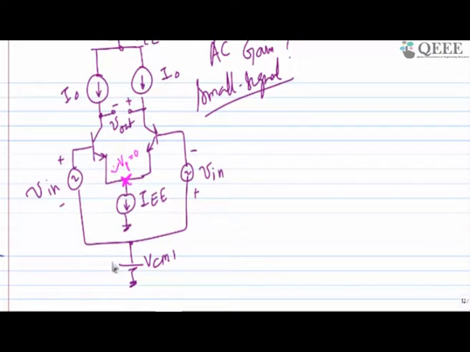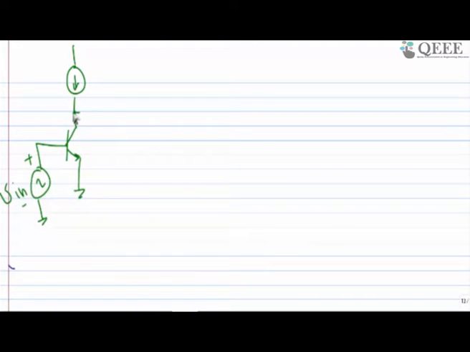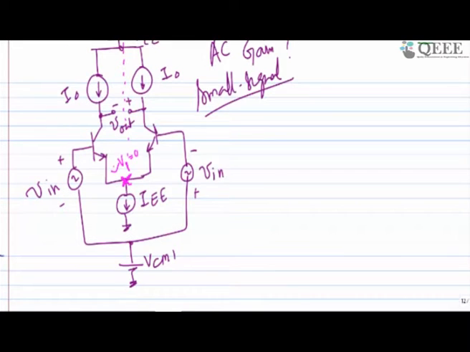In that case, I can make the half circuit, considering only the left side or the right side. Note that this point will go to 0. So this is the circuit we end up with when there is a current source as a load.